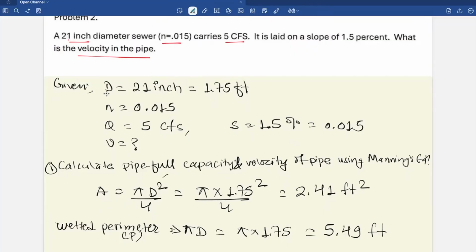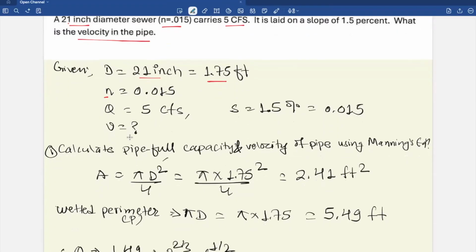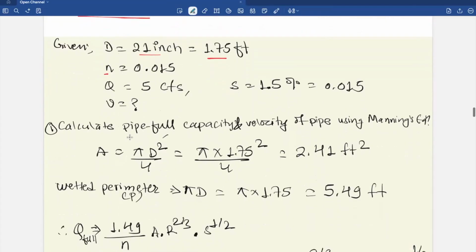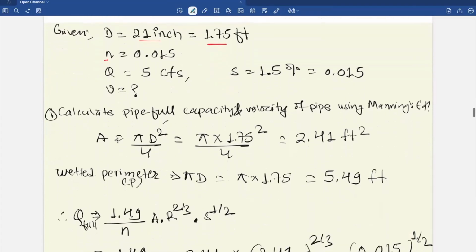First, the diameter is 21 inches, so we convert that into 1.75 feet, and n is also given, which is 0.015. Q is given as 5 cubic feet per second. Slope is 1.5%, which is equivalent to 0.015, and we need to find velocity. Before we use the equation, let us calculate the area and wetted perimeter.